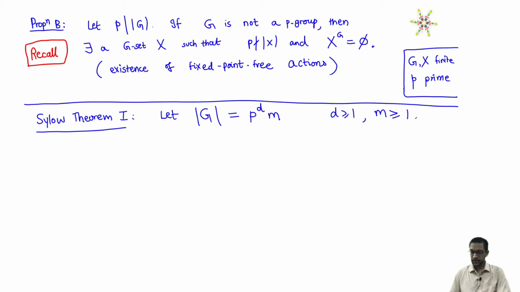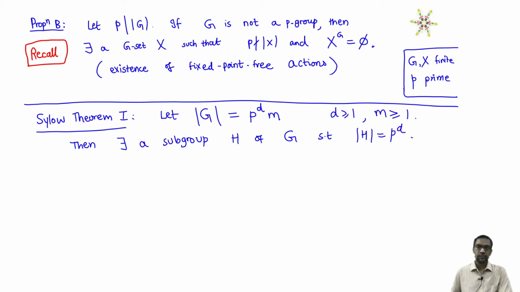That's all this statement is saying. Then the Sylow theorem says that there exists a subgroup H such that the cardinality of H is exactly p^d. So take the maximum power of p which divides the cardinality of the group, and you can find a subgroup of that exact cardinality.